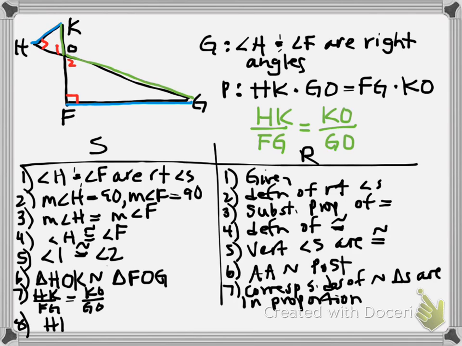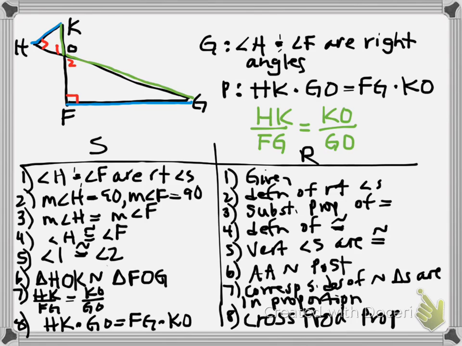So then that gives me HK times GO equals FG times KO. And what's that called? That's your cross product property. Okay? So that's what you guys get to practice on your homework tonight.